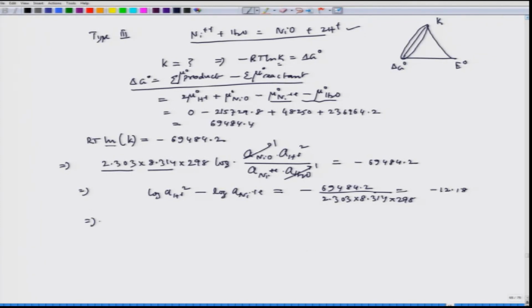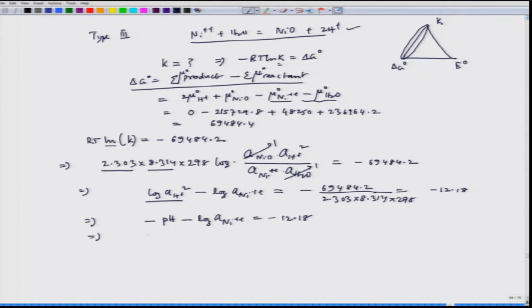Therefore, if I consider activity to be the concentration of H plus ion, considering that the activity coefficient is 1, this becomes minus pH minus log of a Ni plus plus equal to minus 12.18.